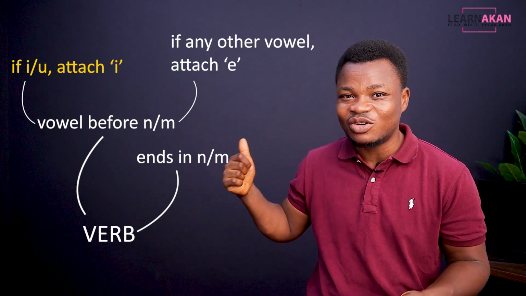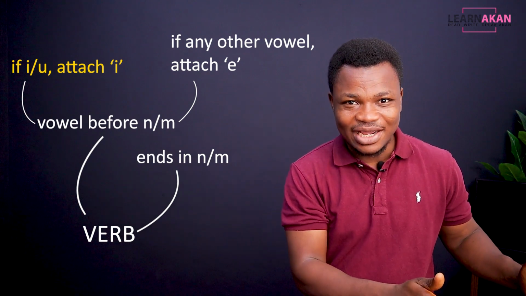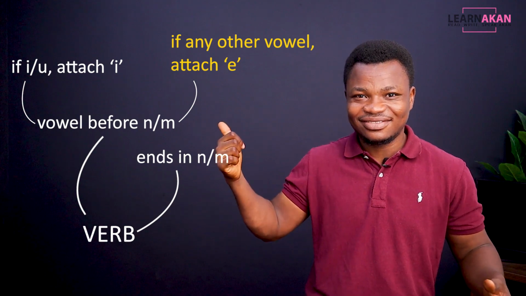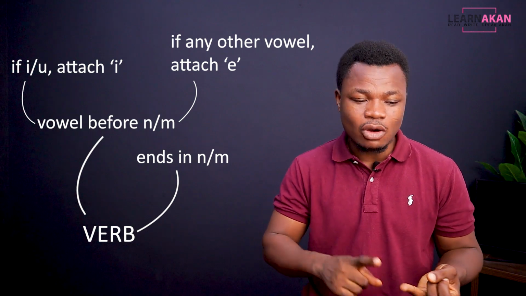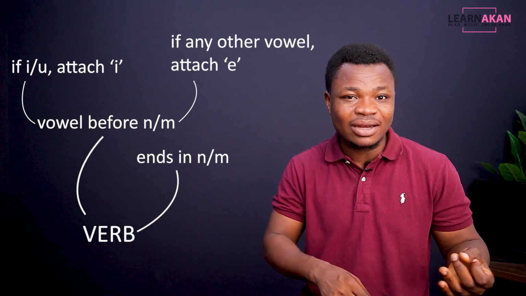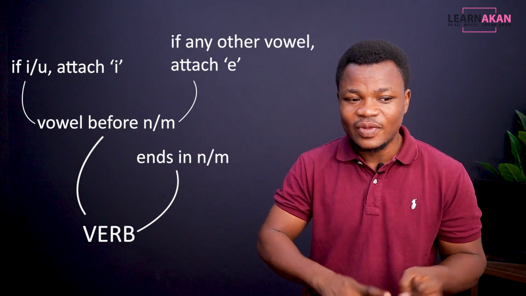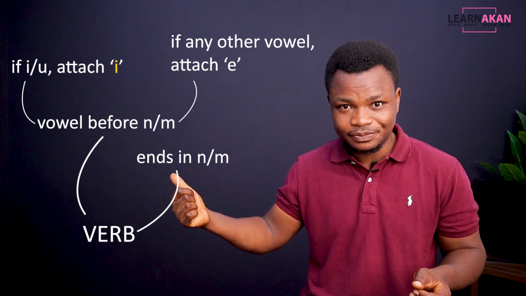Okay, you choose the vowel e to attach to the end of that verb. All right, but otherwise, you choose the other e. Okay, so again, if the verb ends in either n or the other nasal, and the vowel that comes before the n is either an e or an u, then you attach to the end of that verb the vowel e.